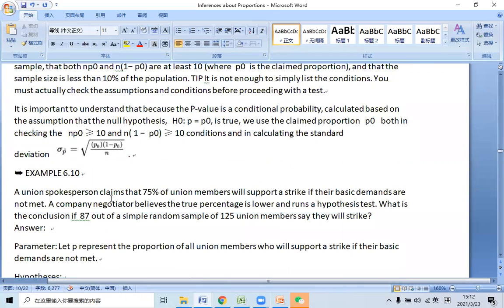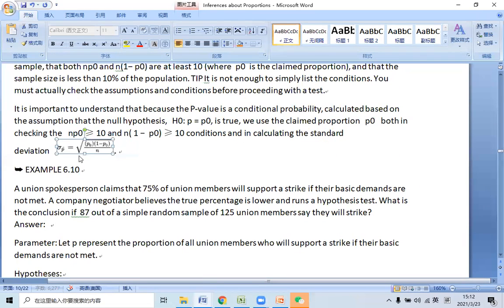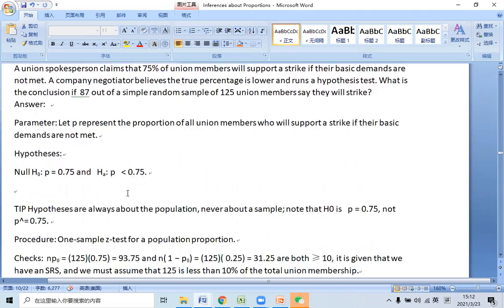Yeah, it's this one. The standard deviation for proportions: the square root of P times 1 minus P, divided by N.